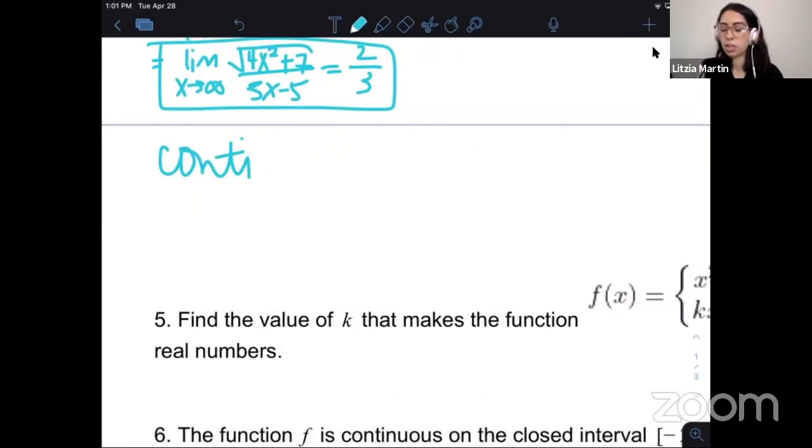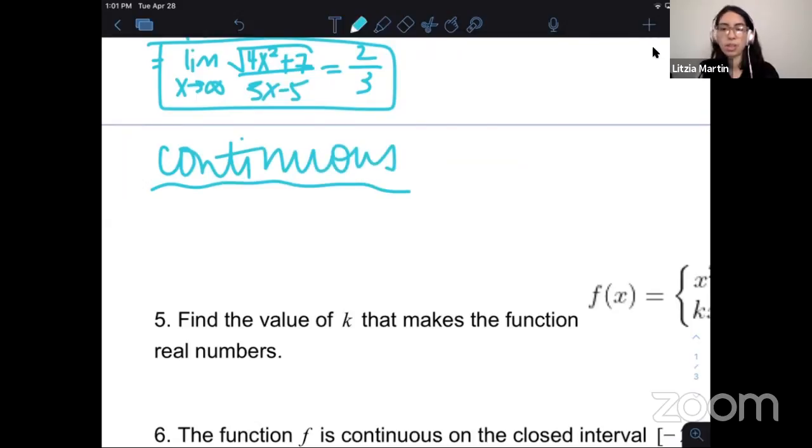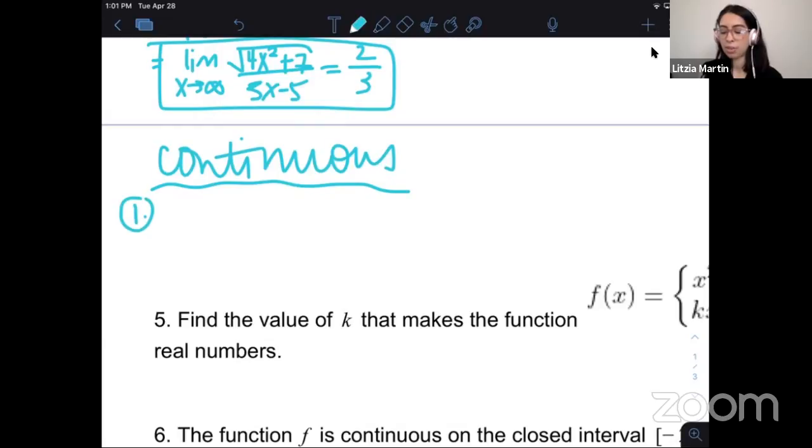So let's talk this through. There are 3 things that need to be true in order for a function to be continuous. I wonder if we remember what those are. So the first one is the limit. Let's say we're checking continuity at x equal to a. The limit as x approaches a has to exist.